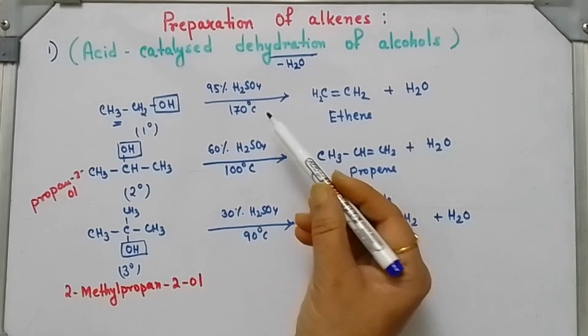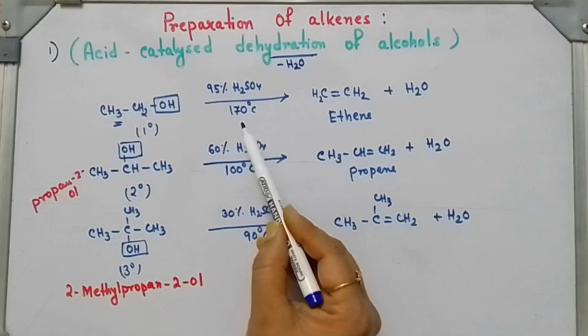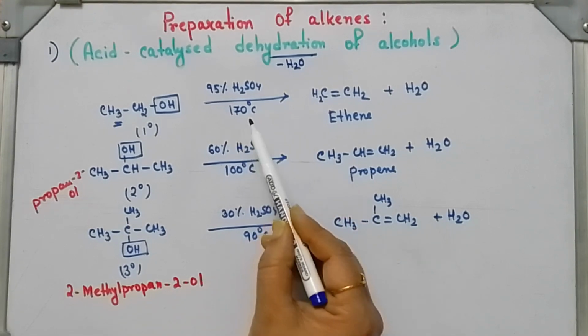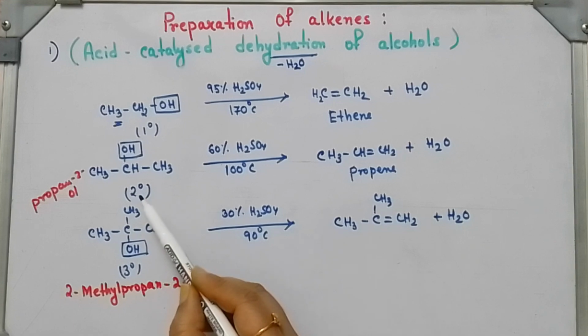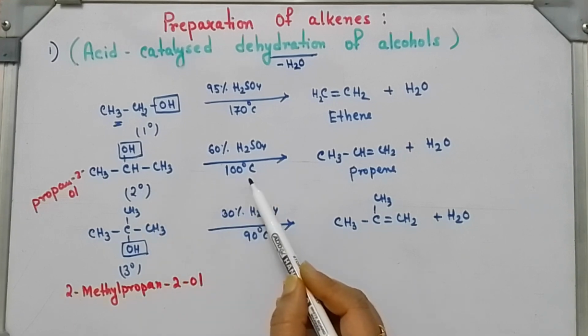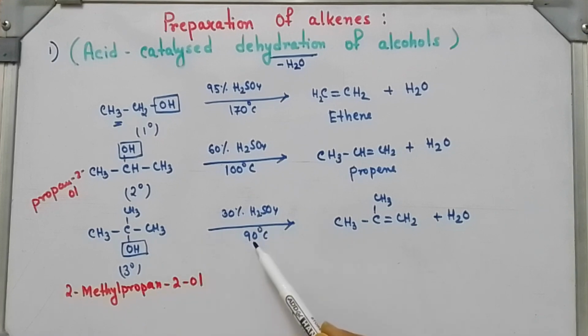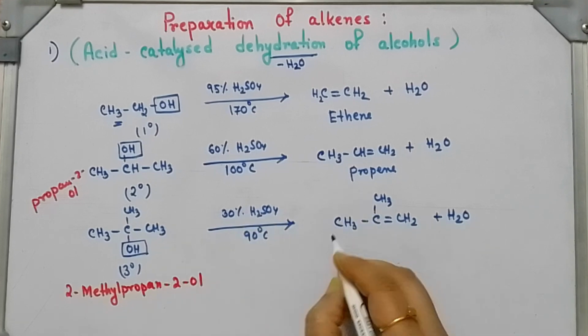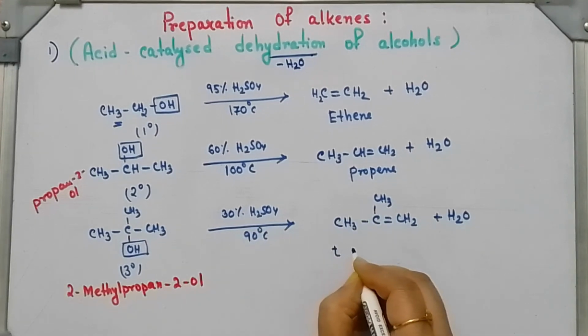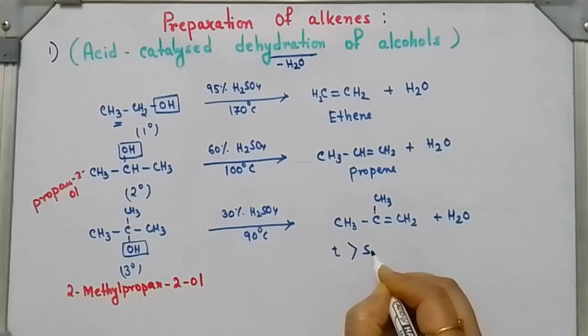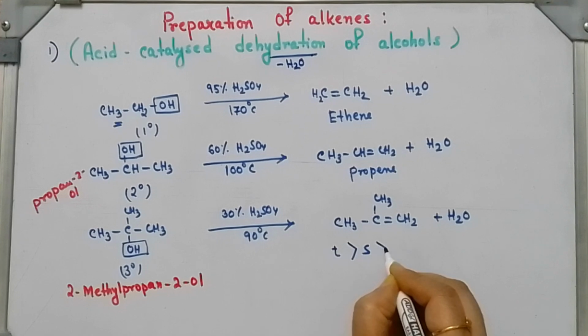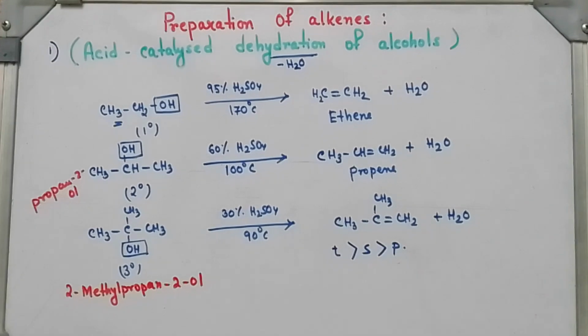Now see, for primary alcohol this reaction takes place at 170 degrees centigrade, but for secondary alcohol the temperature is 100 degrees, lesser than this, and for tertiary alcohol also the temperature is lesser. So you can conclude that tertiary alcohol is much more reactive for this reaction than secondary alcohol, and secondary alcohol is much more reactive than primary alcohol.